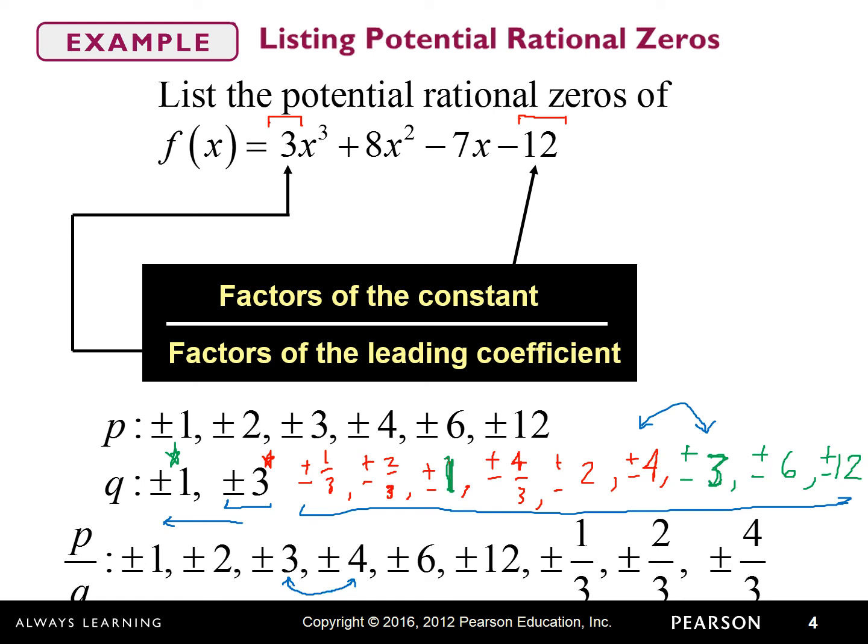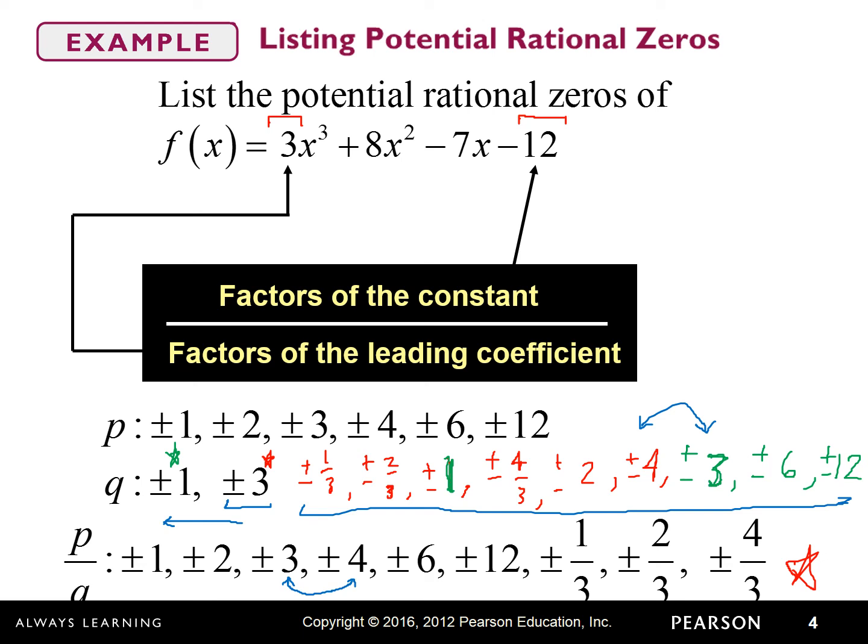Anyway, if something is going to be a rational zero of this function f, then it is going to have to be on this list here. How many do we have? 18 numbers. Any rational zero is going to have to be one of these 18 numbers. Now, it doesn't say anything about irrational zeros, and it doesn't say anything about any particular number on this list of 18.